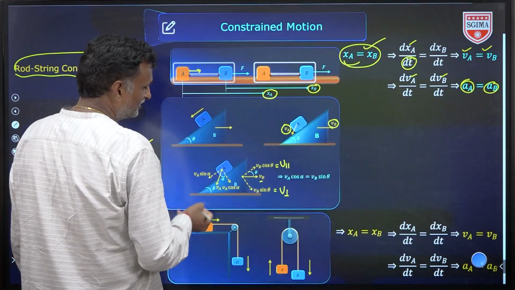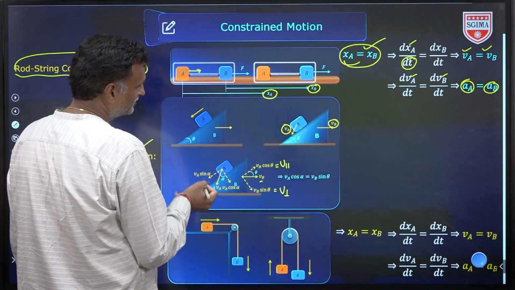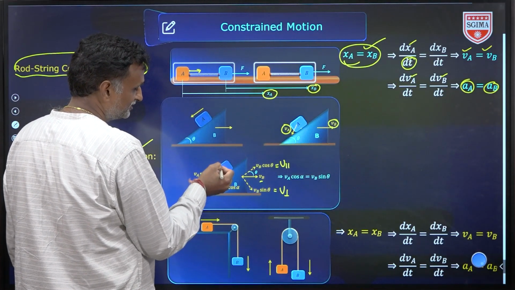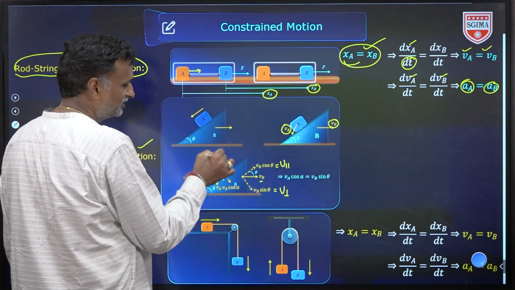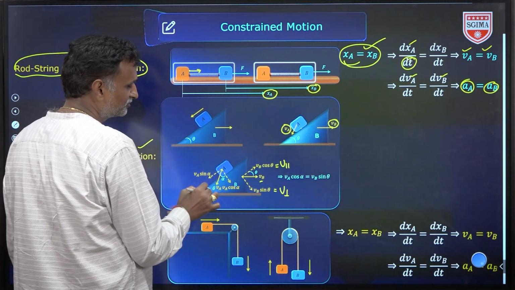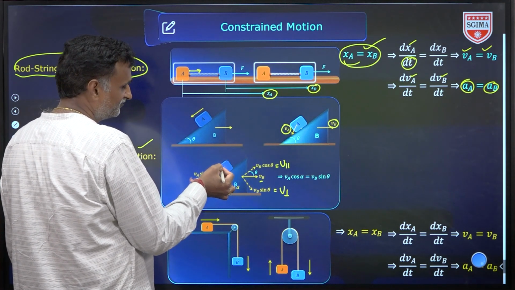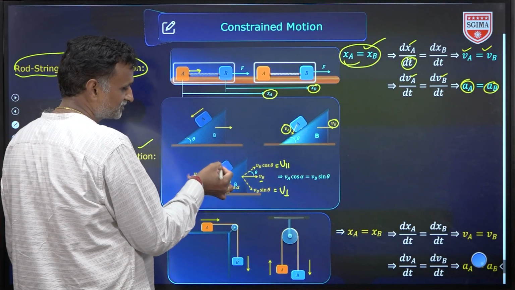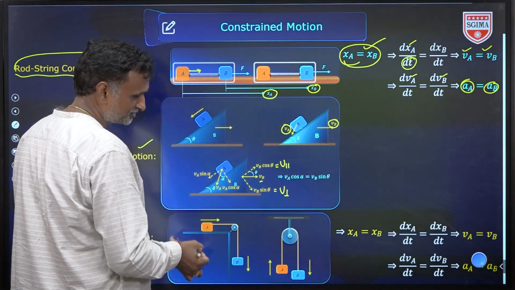Here it is Va. It is having some velocity in this direction, meaning the net velocity in this direction. So we have Va sin alpha along this direction and Va cos alpha along this direction.